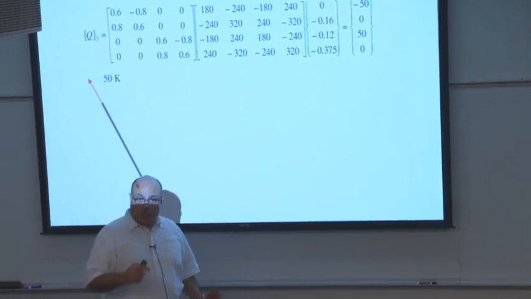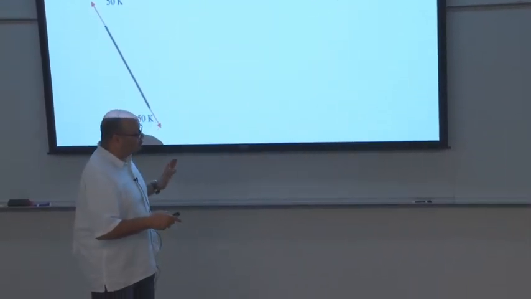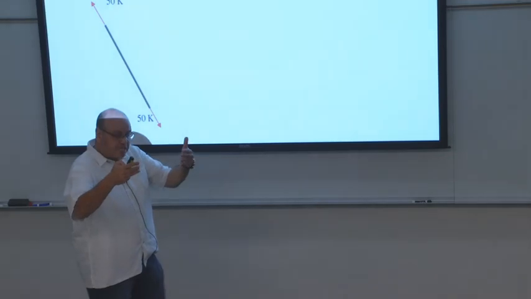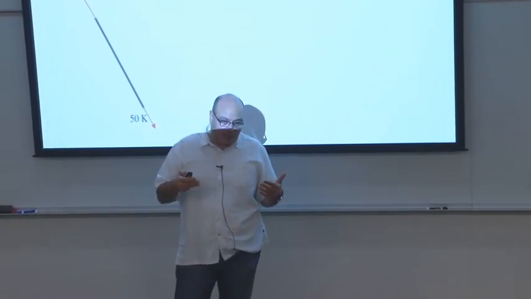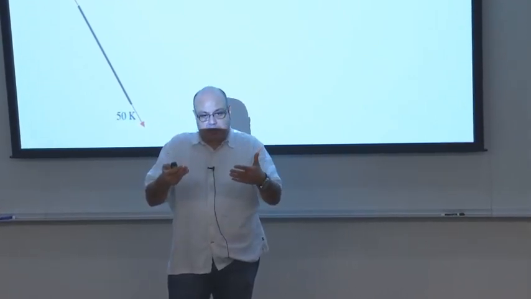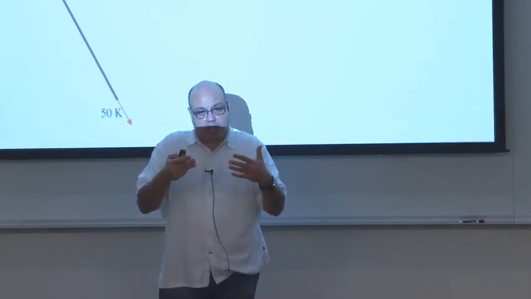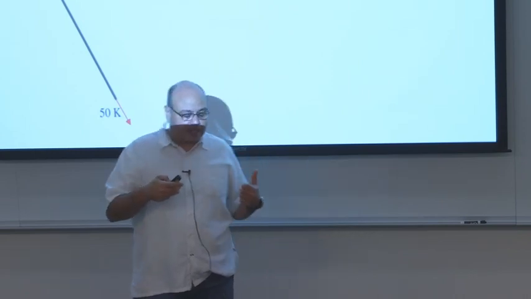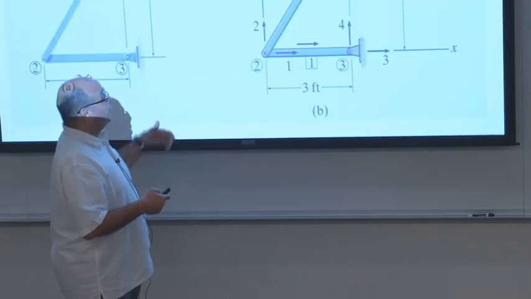So I think that helps. The previous lecture was pretty much how to establish and assemble the stiffness matrix of this whole entire truss. And this one is giving you these 2 examples where you can assemble the stiffness matrix for the truss, solve for the delta, and solve for the forces in the members.